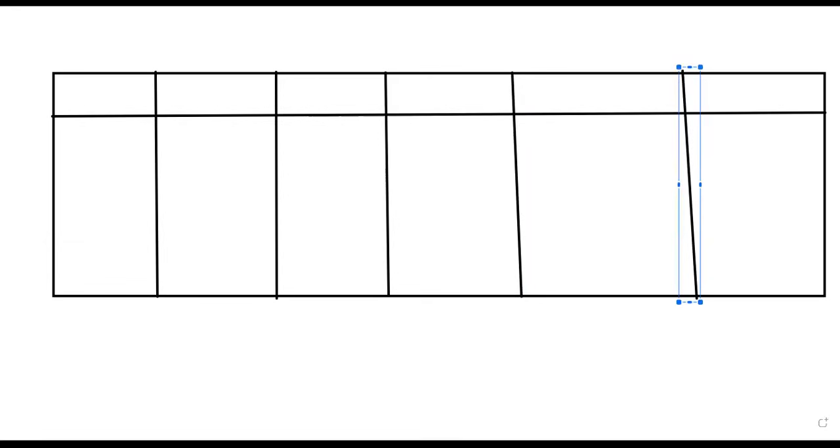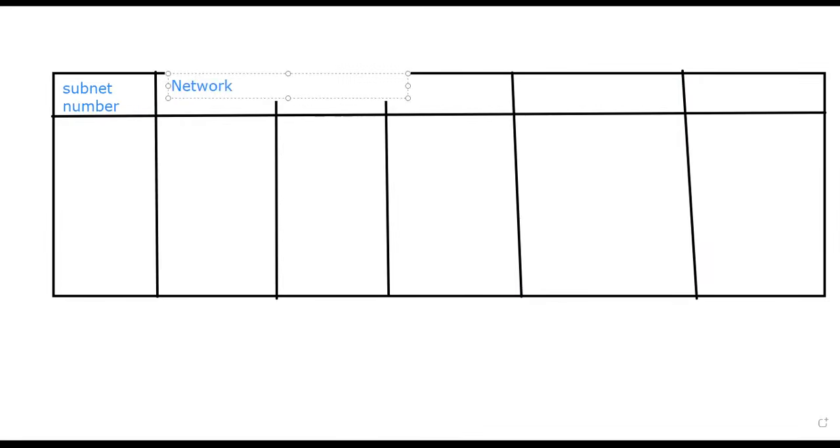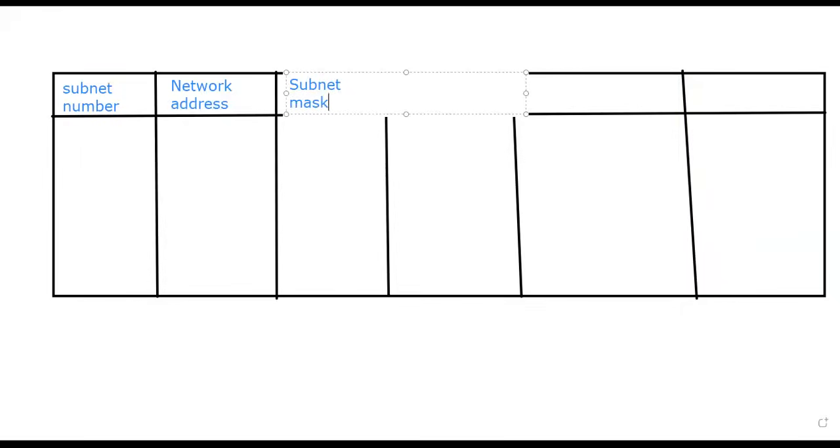Right. So here they have given the subnet number, right? Subnet number. Then network address. Then we have the subnet mask, which we have already found. Then we have the first usable IP address.